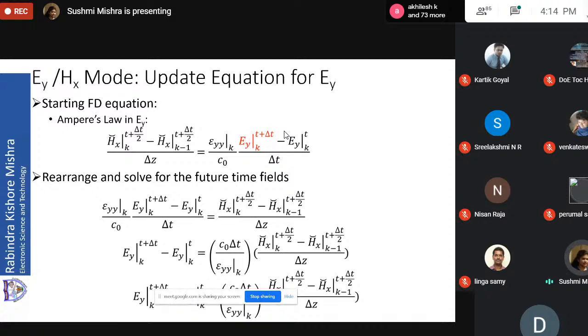Now, if you look at the last equation, Ey on the left is the evolving value, and on the right it is the present value of Ey, so that is not a problem. Then the term within the bracket: c0 is constant, delta t we have fixed, so that is constant. Epsilon is also constant at a value k. Delta z is also constant if we have fixed that.